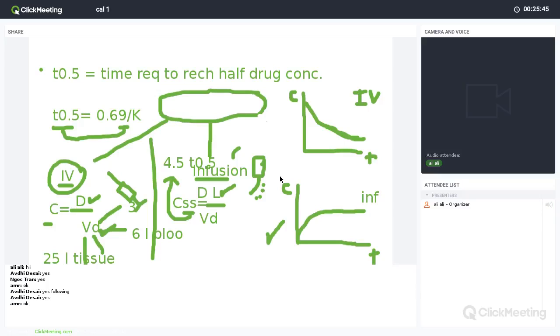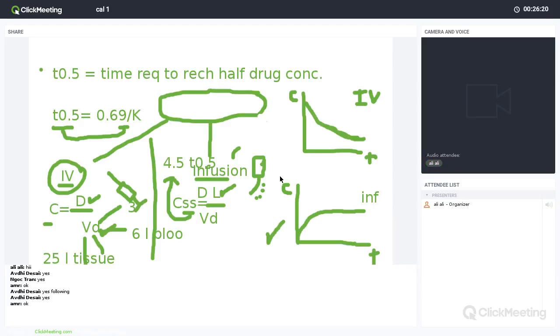What happens at the steady state concentration? At steady state, the rate of infusion equals the rate of elimination. The rate of infusion of the medication into the blood is equal to the rate of elimination. As the rate of input equals the rate of output, you get this flat line, a stable plasma drug concentration.